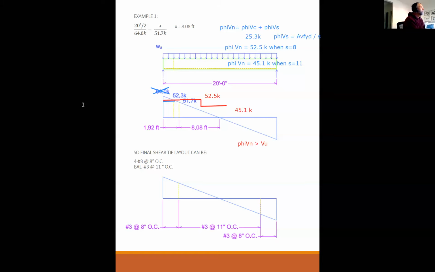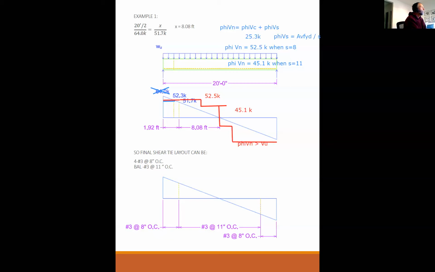And maybe it helps if I draw from the other side too. When we do this in design, you actually have computer programs that generate plots that look like this. You can visually look at the plot, and as long as the red line at every location is higher than the blue line, then you're safe.